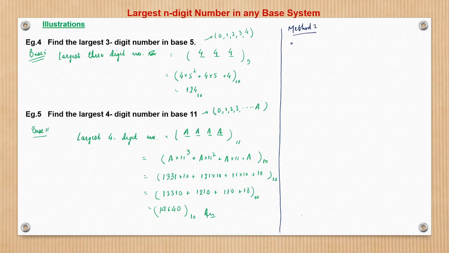Method 2. So example 4 we will solve first. So here what is it? We have to find the largest three digit number.